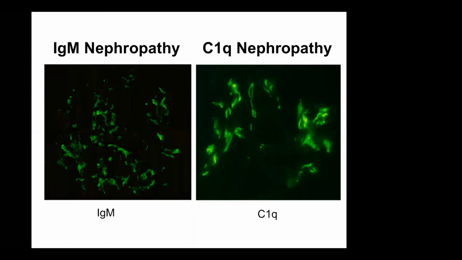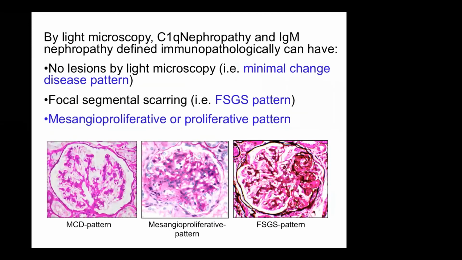It looks like minimal change, with proteinuria, and the most intense IF stain is C1q. It has to be very strong, like 3 or 4, and the only one positive. As we said, they have no lesions by light microscopy, almost like minimal change disease.